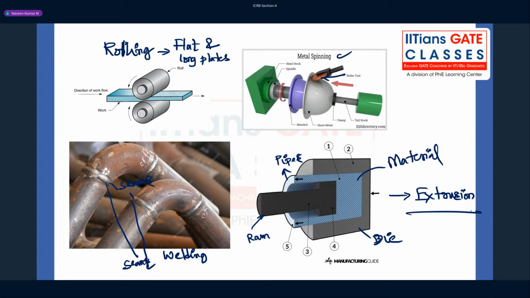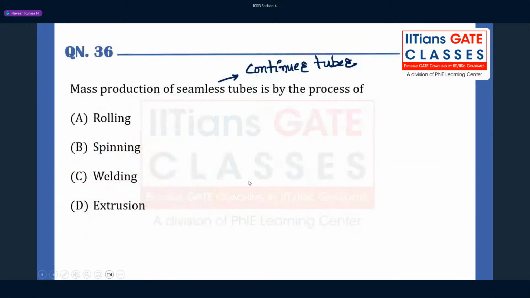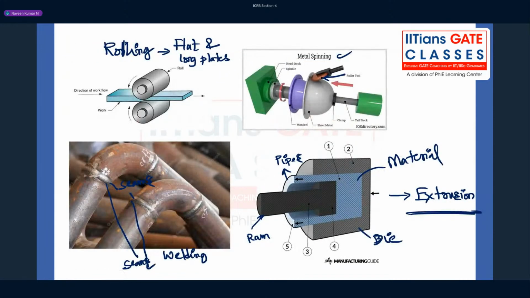So extrusion is the process we can use for making seamless tubes. Hence the answer is D, extrusion. That's why I took these figures, so that you better understand why seamless pipes are better manufactured by extrusion. Okay, next.